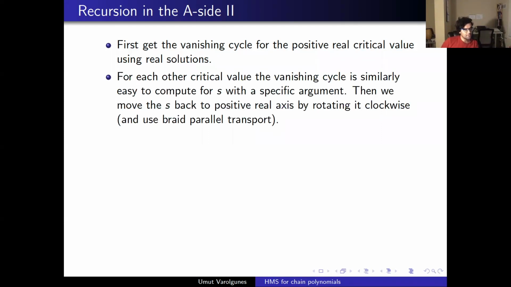Okay, so let's say we dealt with the positive real critical values' vanishing cycle. For all the other ones, I had picked S to be this small positive real number. If I choose S with some special argument, then it turns out that I can compute the vanishing cycle with the critical value of that argument by exactly the same method.